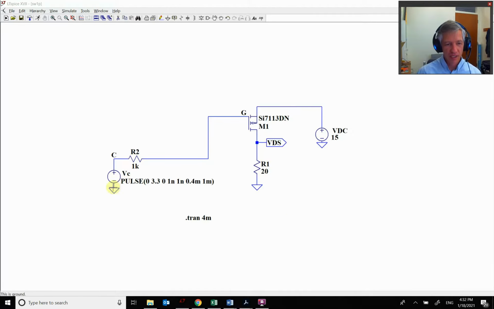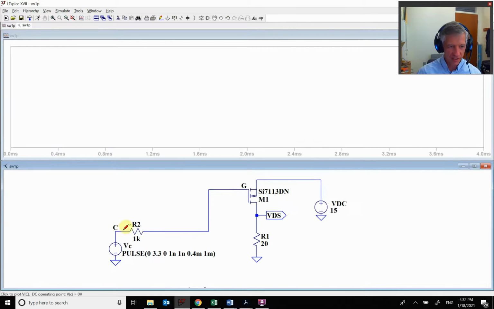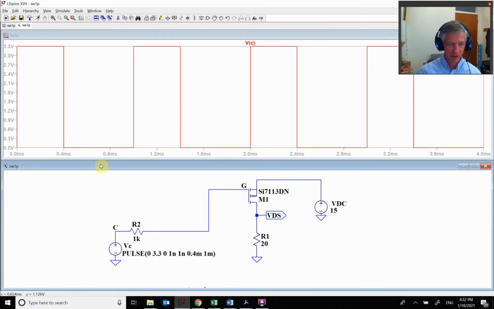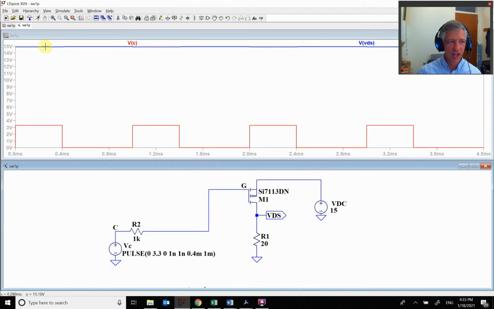Okay, so we're going to come in here. Here's my microcontroller, and we run this, and this is switching from 0 to 3.3 volts. And then I look right here, and I just get 15 volts. So my MOSFET is, well, now this voltage is tied up to this voltage, right?